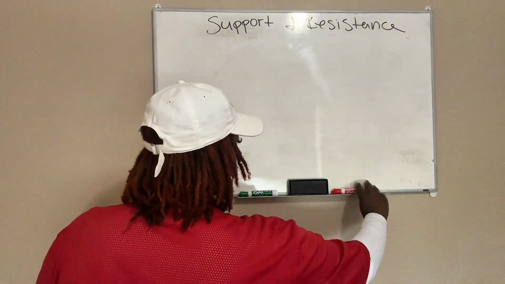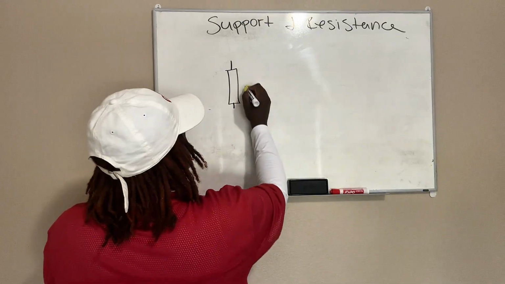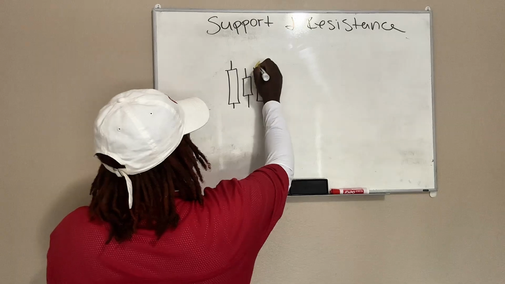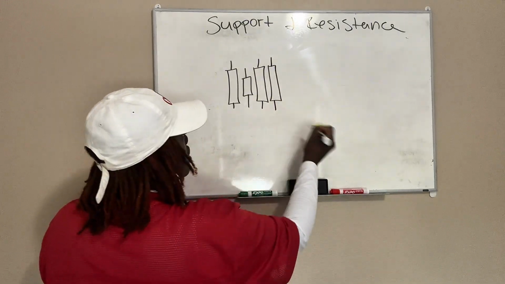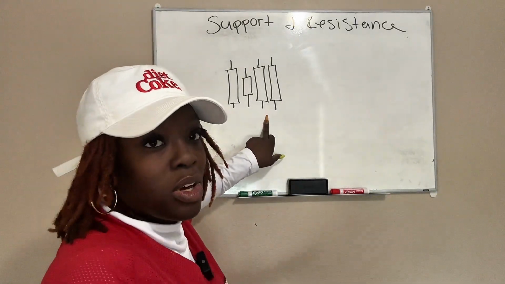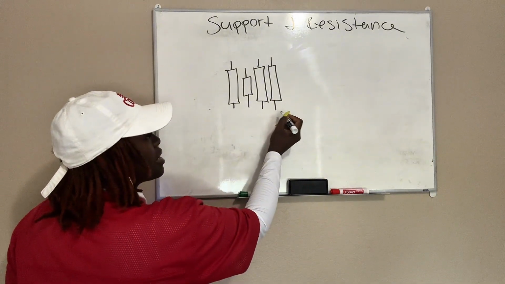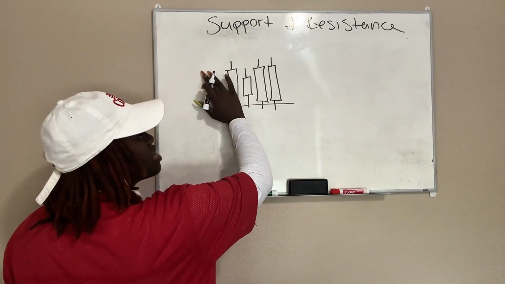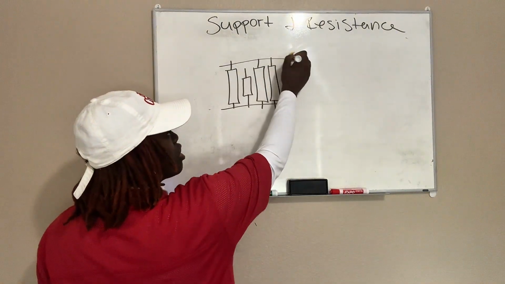If it looks like this, you see something like this, some may call it equal lows or equal highs, but anywhere that you see multiple wicks like this, that is your support. When you don't see any body above another candle's body, then that is your support and your resistance.